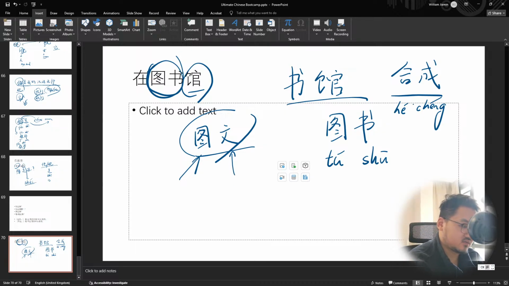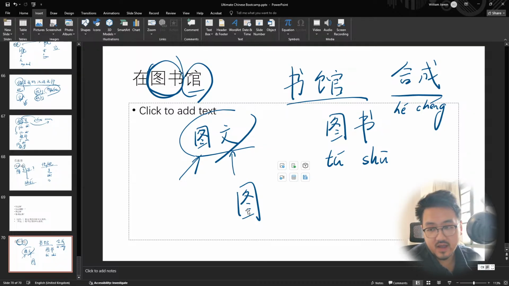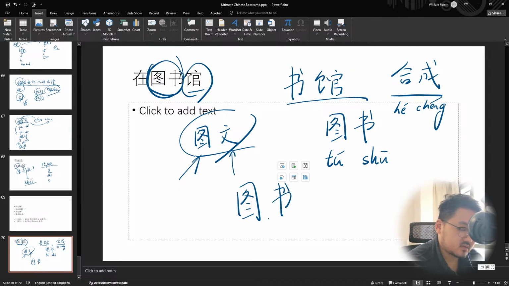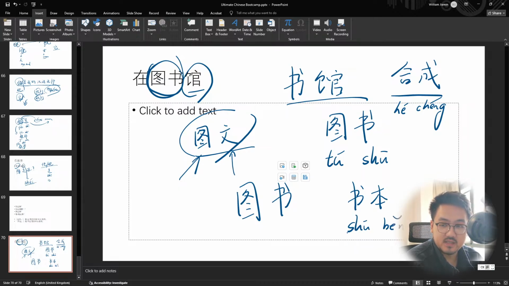图 is like 图画, so it's like drawing and visual, something visual, right? Image, right? 图片, 地图等等. 书 is like a book, okay? Written, so it's more like 书本. That means 书本文字, something written down.